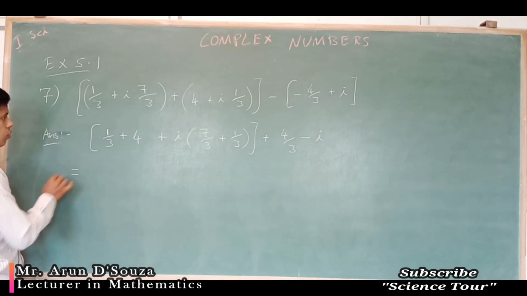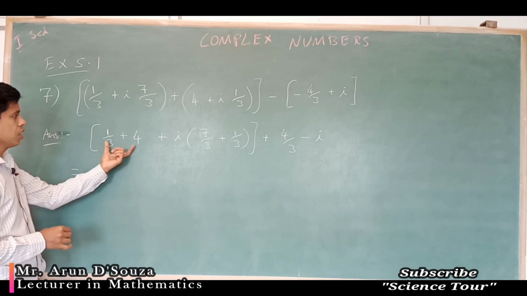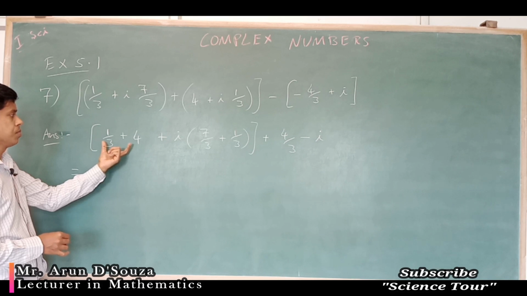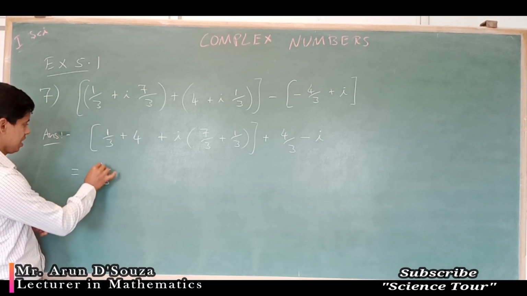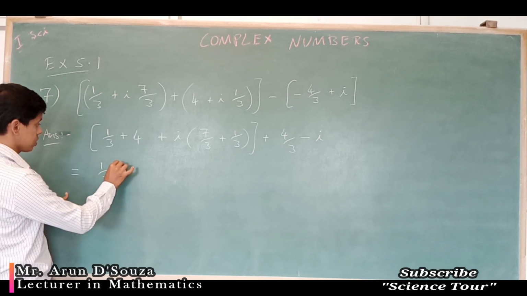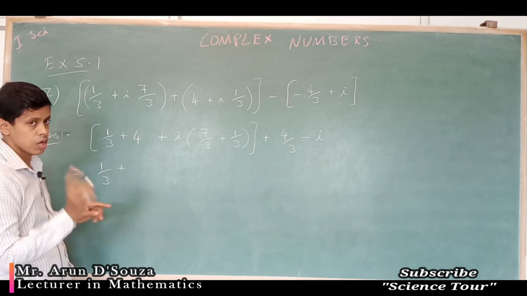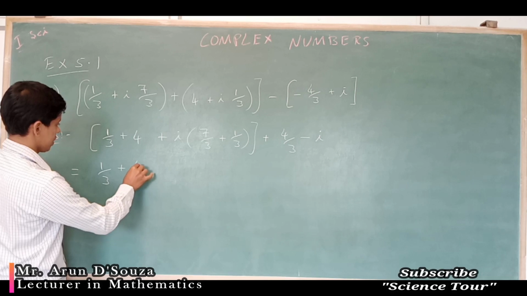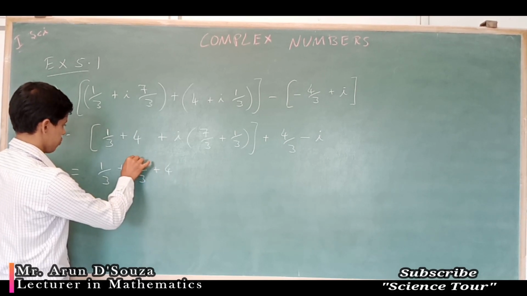Now the job is very simple. You write the real parts together. This is 4, but before that I will write 4 by 3, so I will write 4 by 3 here, and this is plus 4.